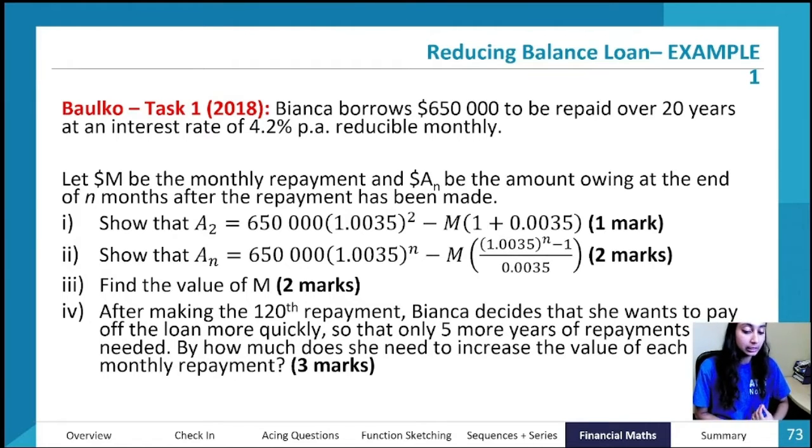Let M dollars be the monthly repayment and A_n be the amount owing at the end of the n months after the repayment has been made. So the first question is to show that A2 is equal to 650,000 times 1.0035 squared minus M times 1.0035.